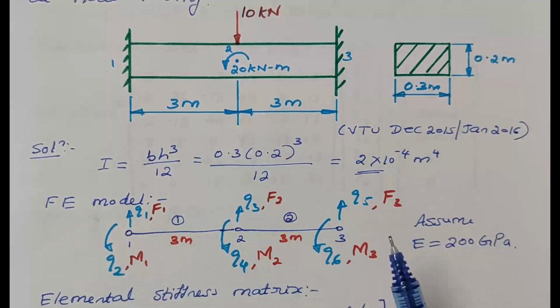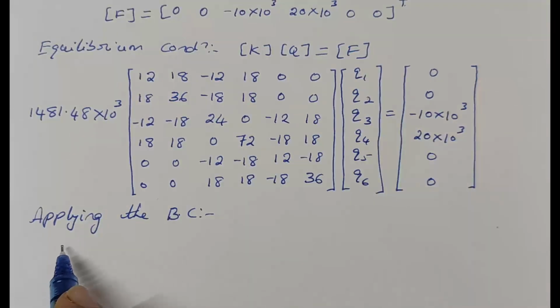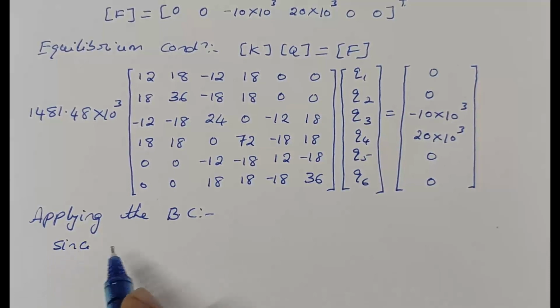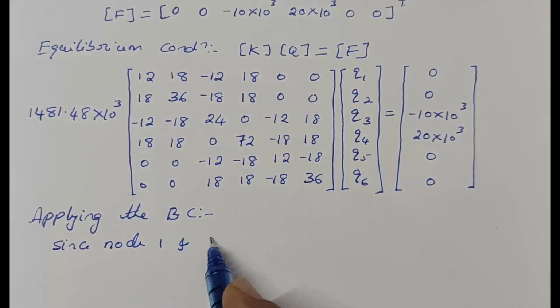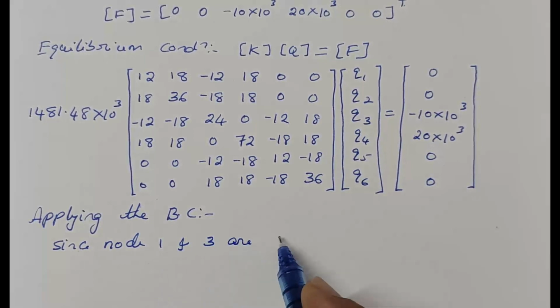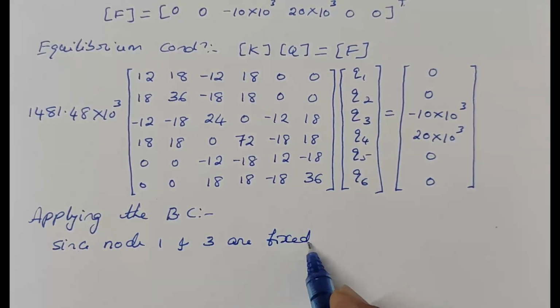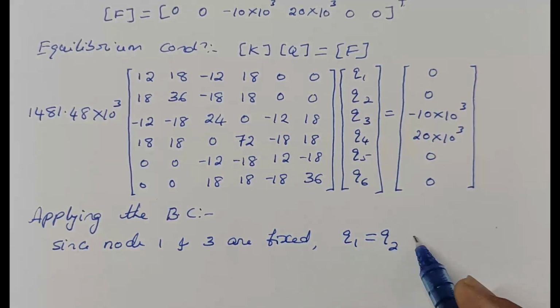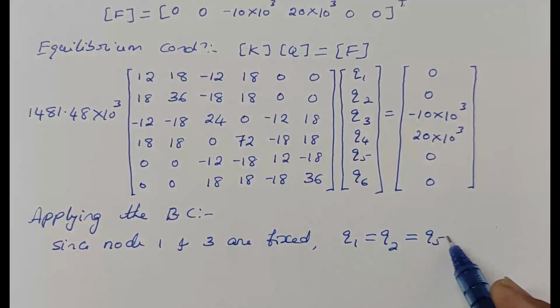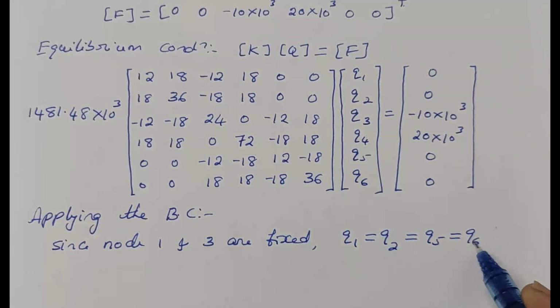Since node 1 and 3 are fixed, the corresponding displacements Q1 is equal to Q2 is equal to Q5 is equal to Q6 is equal to 0.